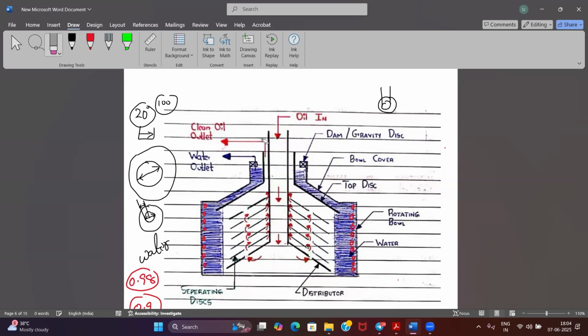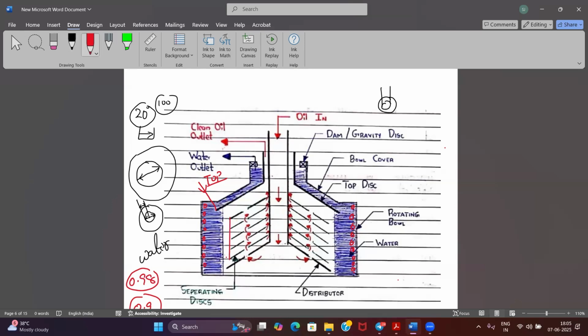Anyone who is not able to understand? Tell me. Can you explain again the last one? This is my top disk, right? Top disk does not have any holes. This is my complete disk stack, and this is the edge of the disk stack.